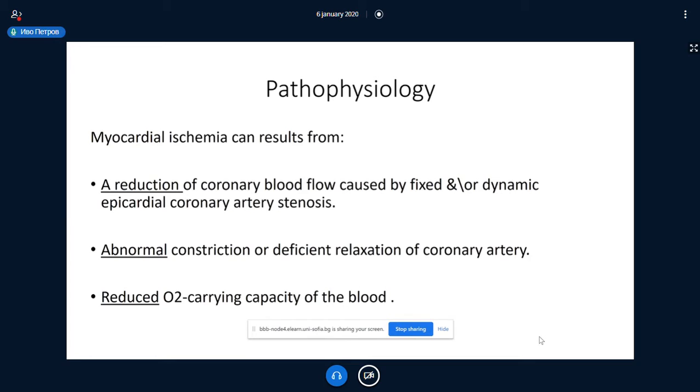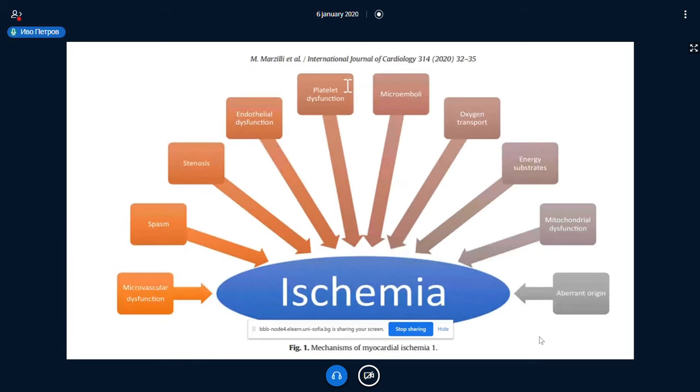In fact, the myocardial ischemia can be a result of a reduction of coronary blood flow. This is the most typical, or abnormal constriction or deficient relaxation of the coronary artery. So one of the biggest reasons can be atherosclerosis, so real stenosis, fixed stenosis of the coronary circulation, or prolonged spasm or reduced oxygen carrying capacity of the blood, like, for example, in some anemic situations.